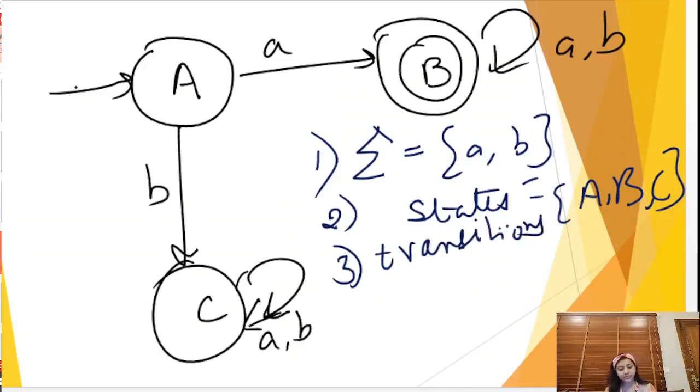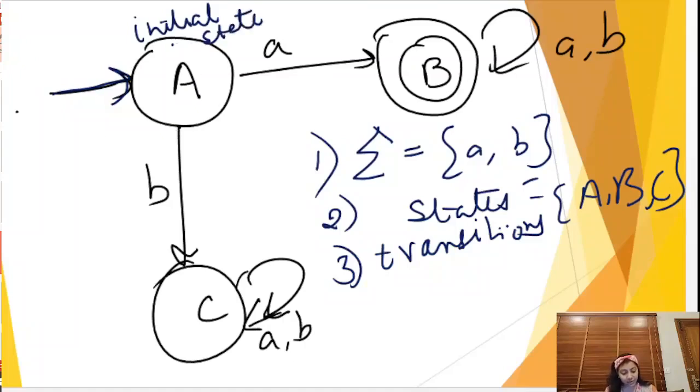Apart from this arrow, whenever an arrow comes to any state and it is not coming from any particular state, we call it an initial state. So this A is my initial state. The initial state is my starting position, the state that we have to start from.